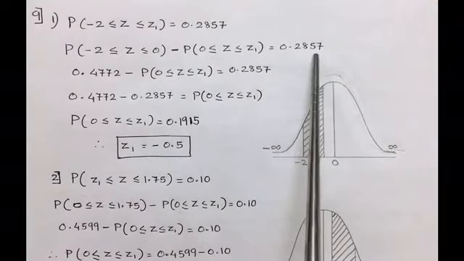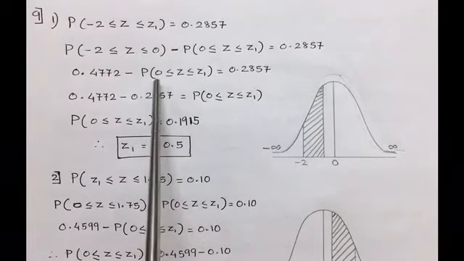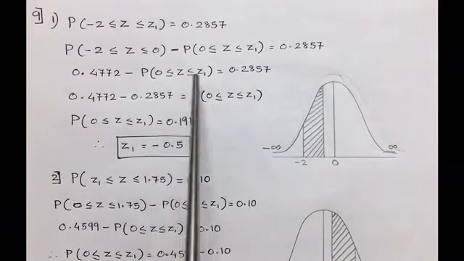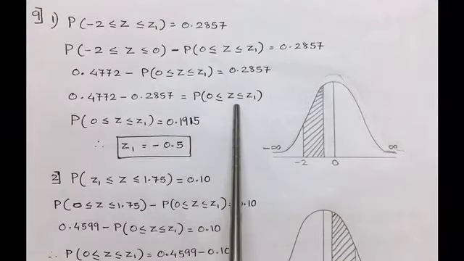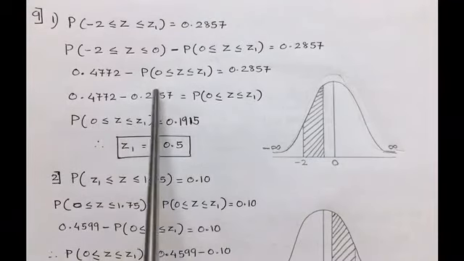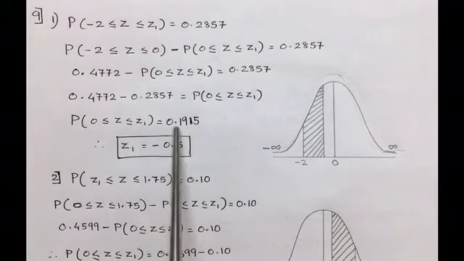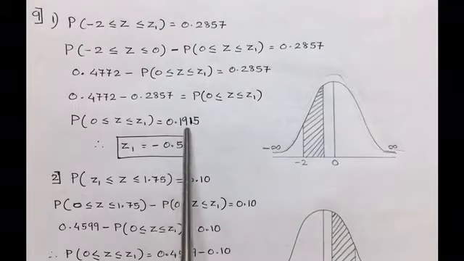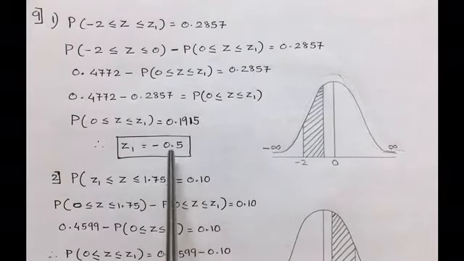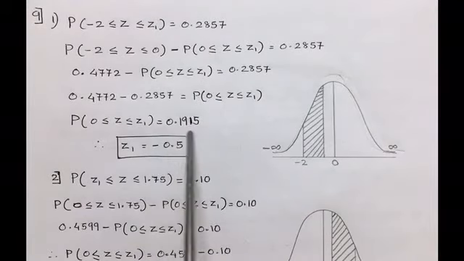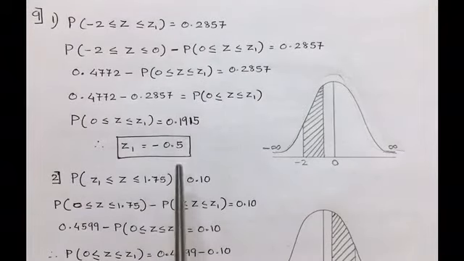Shifting 0.2857 to the other side and the probability 0 less than or equal to Z less than or equal to Z1 to the other side, calculating it, we'll get the value of the area as 0.1915.